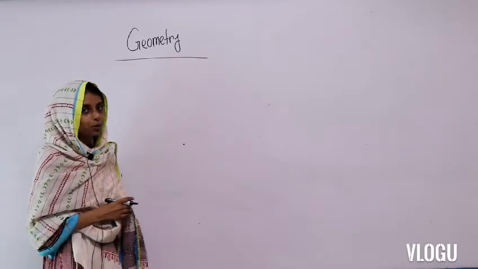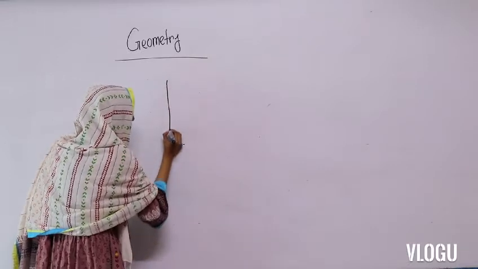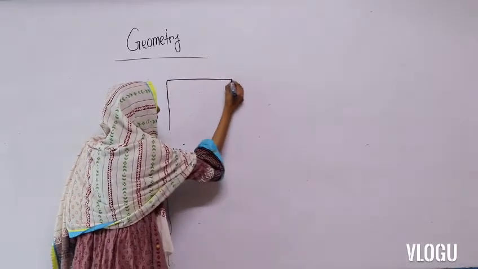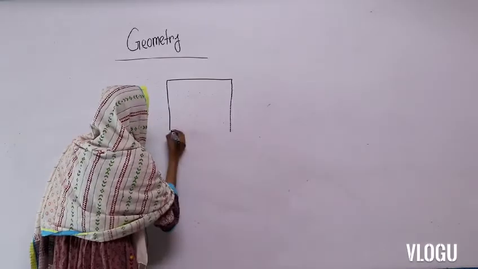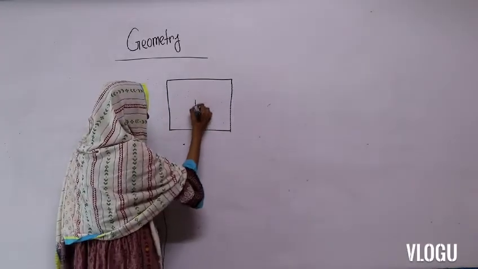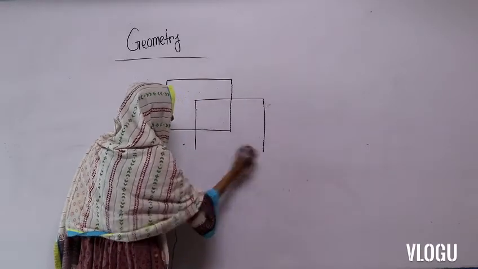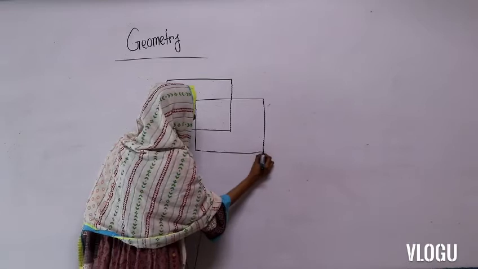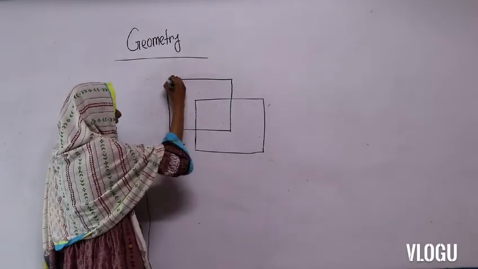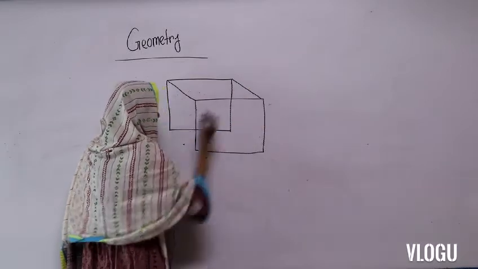For drawing a cuboid, first I am drawing a quadrangle, then another quadrangle, and I am joining the corner points.